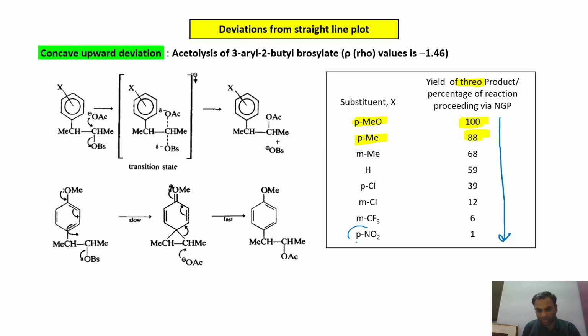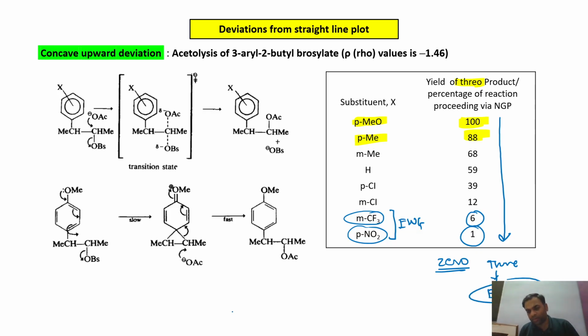Therefore, for the para-nitro and meta-CF3 groups, both are strong electron withdrawing groups, and formation of the threo product is almost zero, and we have the erythro product from threo, that is, the SN2 mechanism with inversion of configuration.